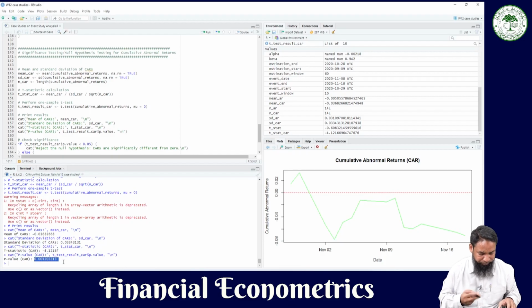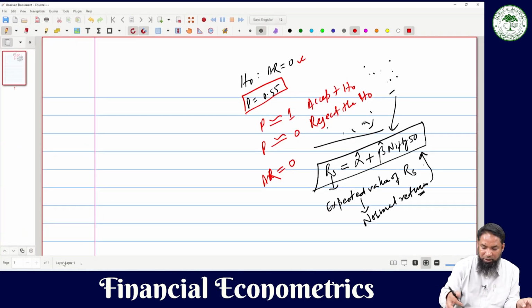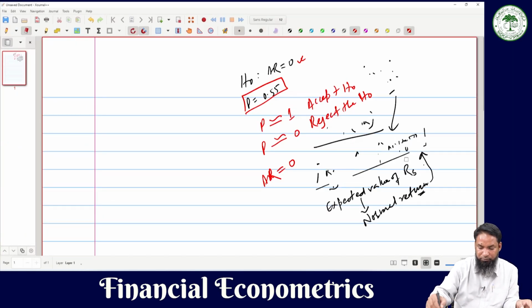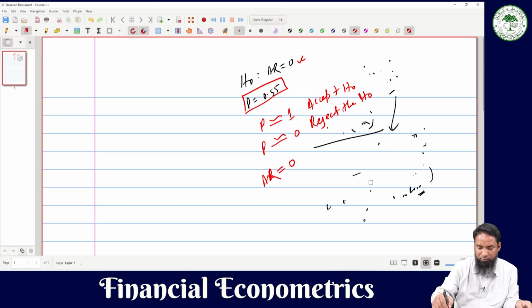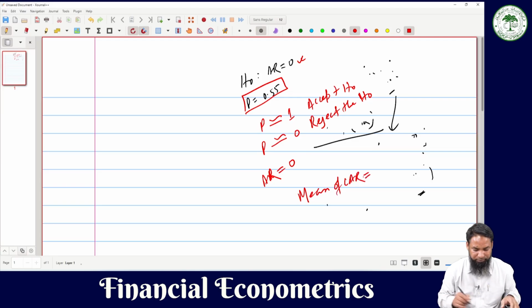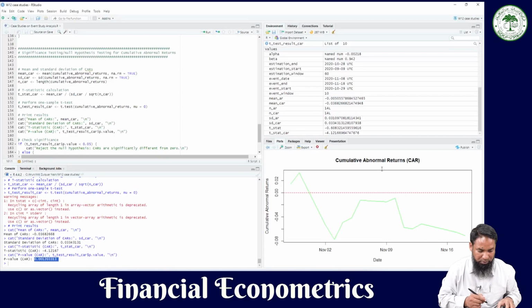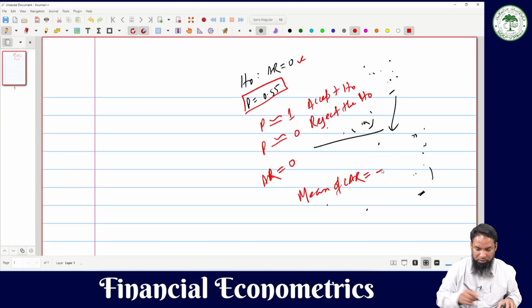So what we have here is that the mean of cumulative abnormal returns is minus 0.036, and the P value is close to 0.00.